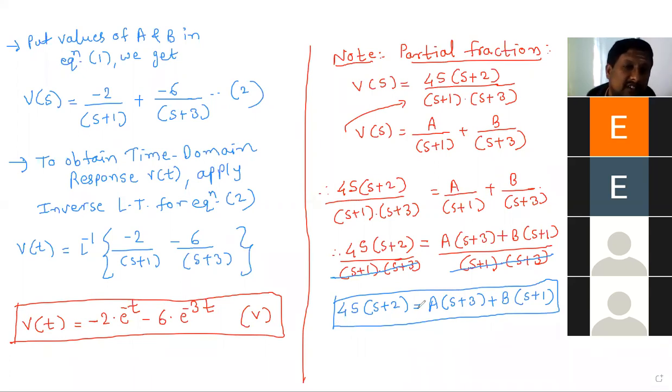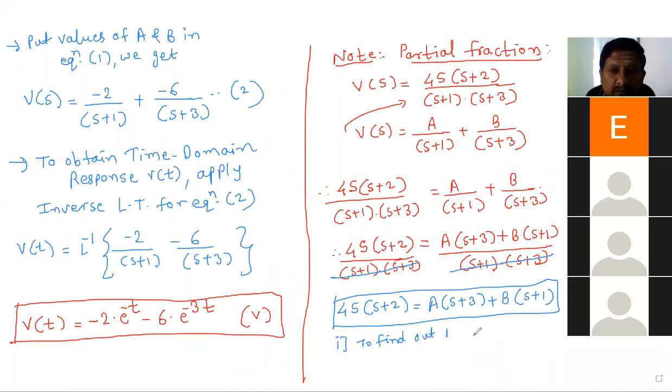So I need to find out a value. मला a value जर find out करायचं असेल तर मला हा पार्ट जो आहे तो 0 करायचा. सो हाऊ आय कॅन मेक इट 0? Put s equal to minus 1. Yes. So first case, to find out a, put s is equal to minus 1 in this equation.